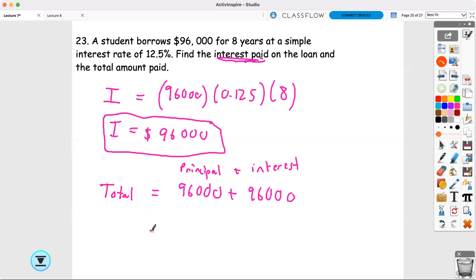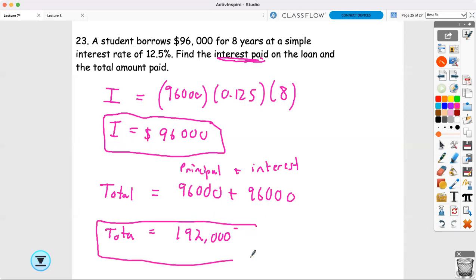So in total, she paid 192,000. Are there any questions on the steps here?